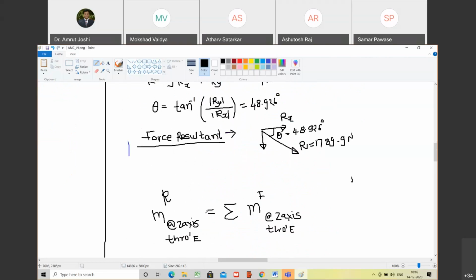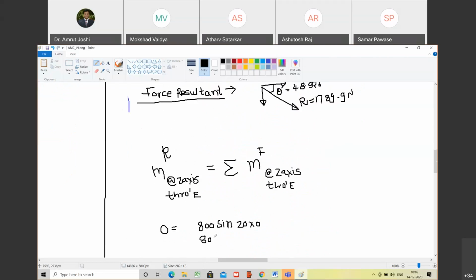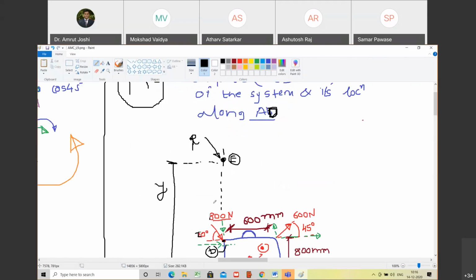So I quickly write 800 cos 20 multiplied by y minus 800. Happy? Sir, it will be anti-clockwise. Yes. देखो, horizontal component of 800, it is going to produce anti-clockwise moment about E. Clear? Yes, sir.